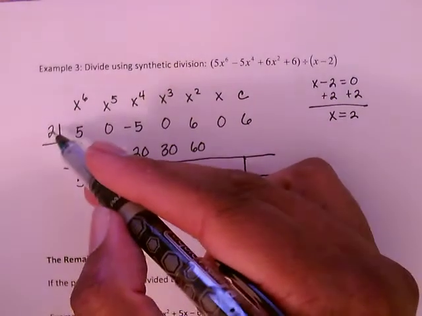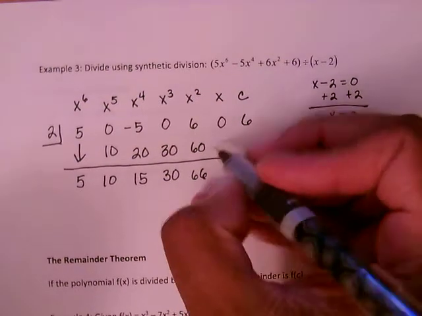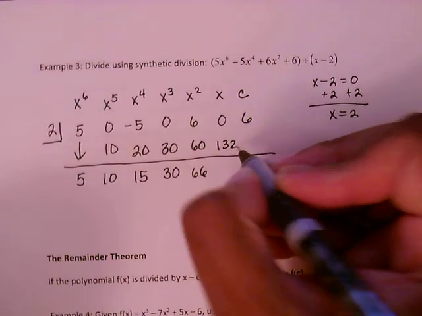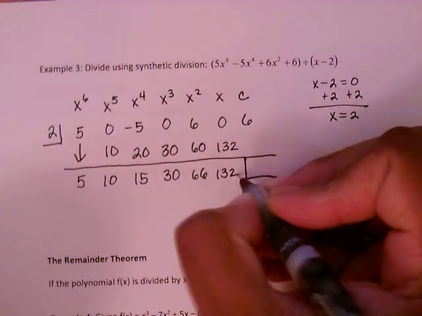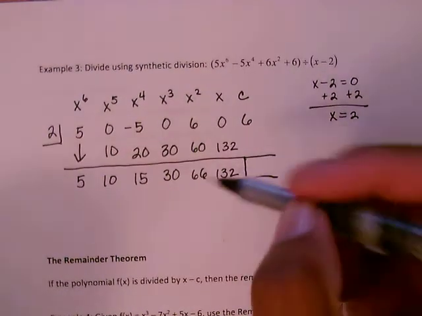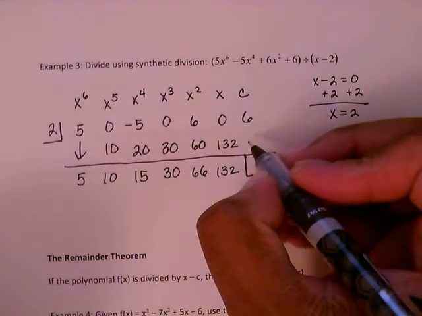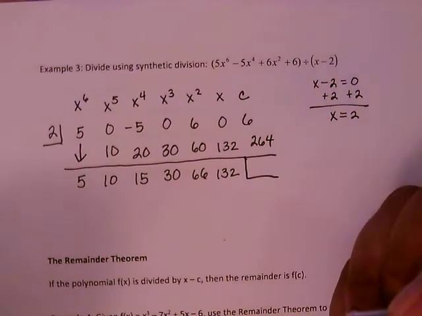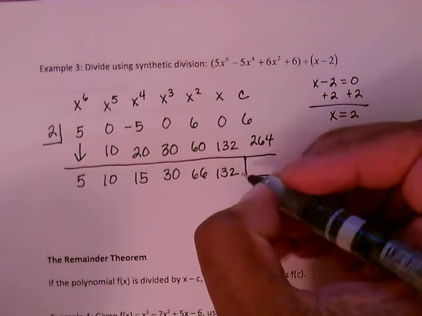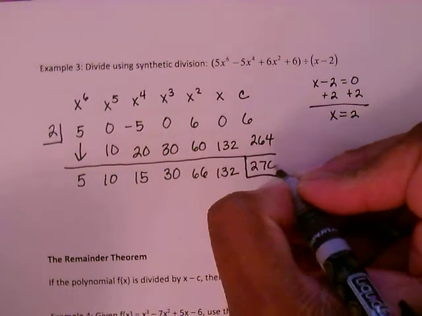And then 2 times 66, that's 132. Add 0 to that 132, you're going to get 132. And then finally 2 times the 132. This will be 264. And then add 6 to that 264, you're going to get 270.